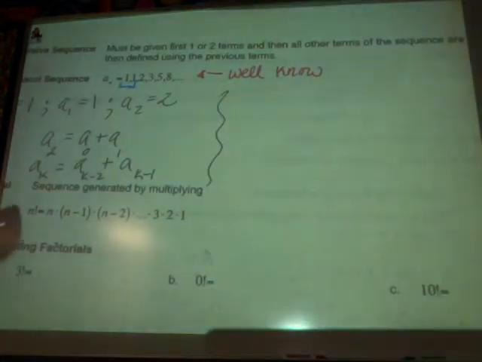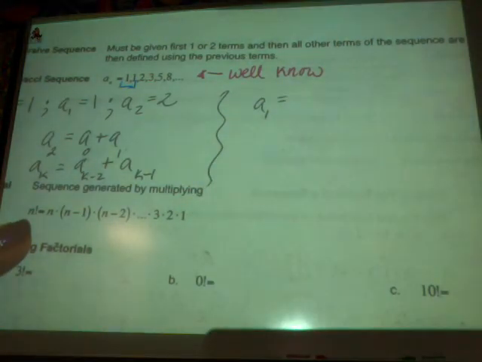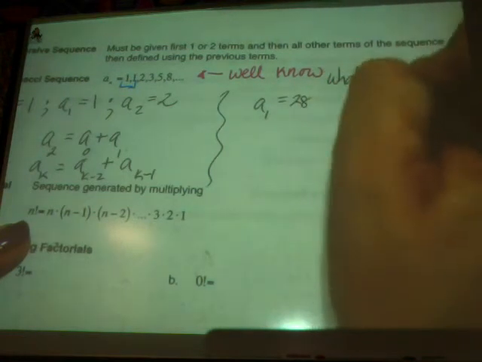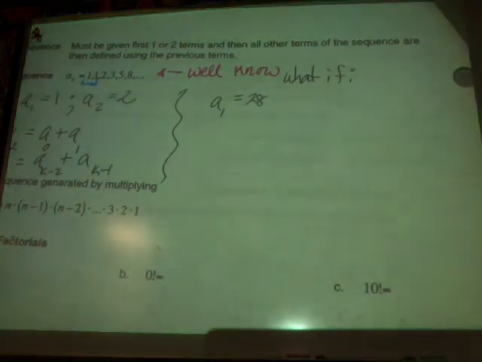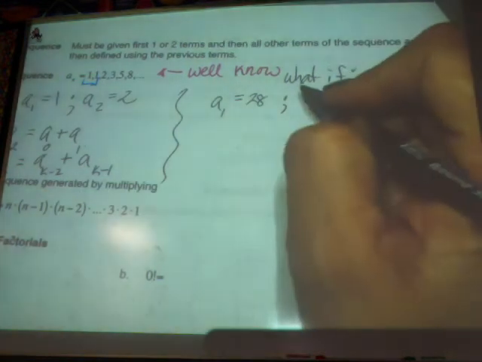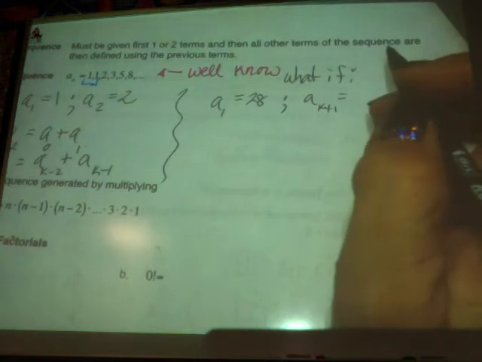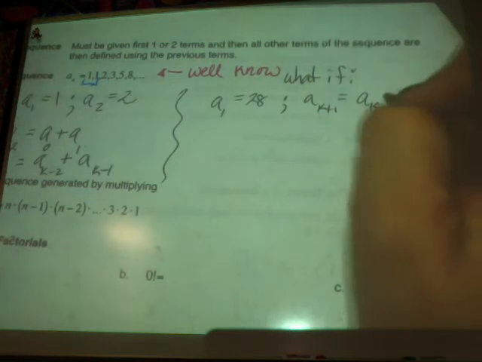What if you had a sub 1 was 28? And the sequence was a sub k plus 1 is equal to a sub k minus 4.